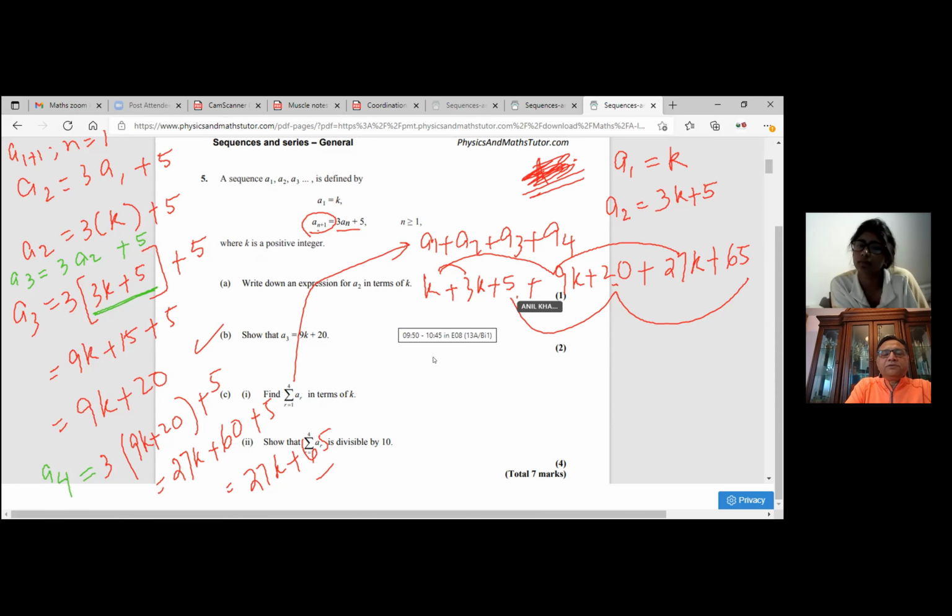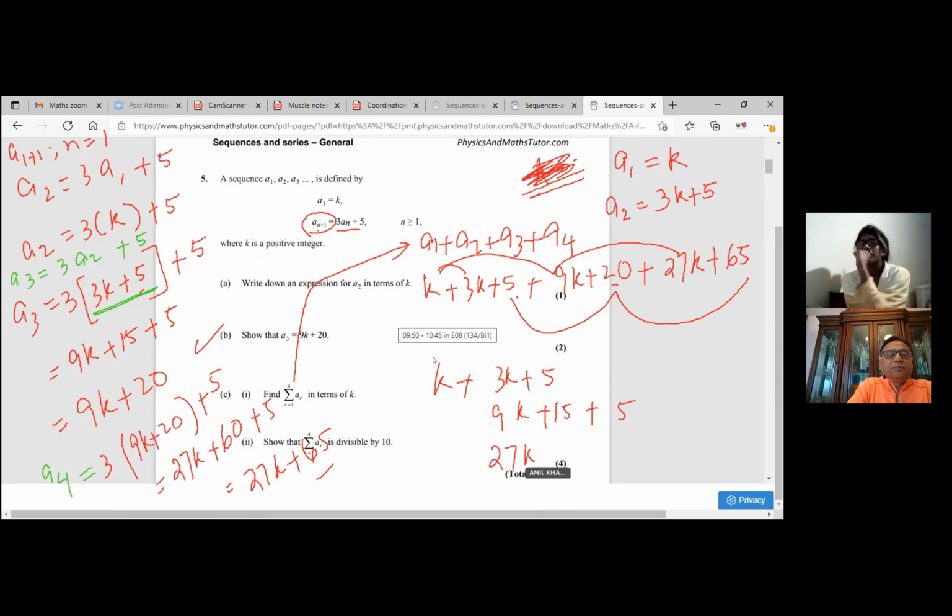Because we combined the terms, otherwise your series would have been K plus 3K plus 5, and the next term will be 9K plus 15 plus 5, and then 27K plus 60 plus 5. Now you see the series, right? It makes more sense and it is easier to add if I extend this series to 10 terms, not just 4. You get the idea?